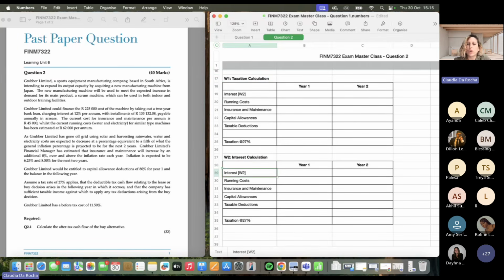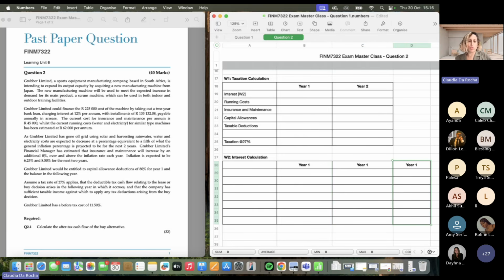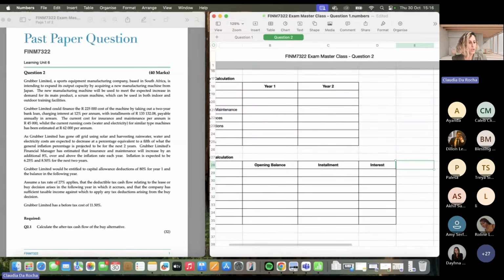Okay, so with your interest calculation, we basically have a little amortization table, as they call it. With our table, we have the year, the opening balance, the installment, the interest, and the closing balance.